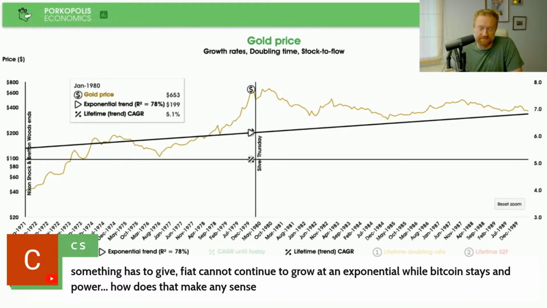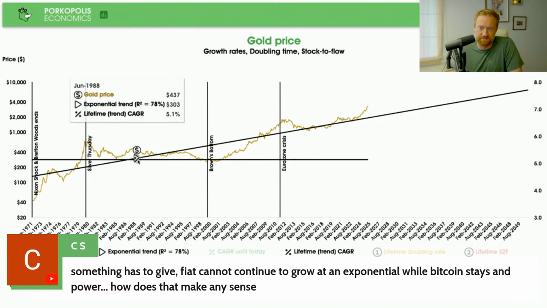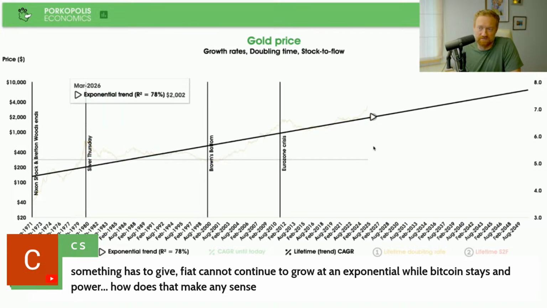Then it went into a 20-year bear market, going below the trend line that it had set for itself, and didn't bottom until here, where Gordon Brown sold all the British gold. And then it went back up again and is going high. But if gold can make this run for 50 years, I don't see why government paper money can't make the run as well, especially when they have the guns.